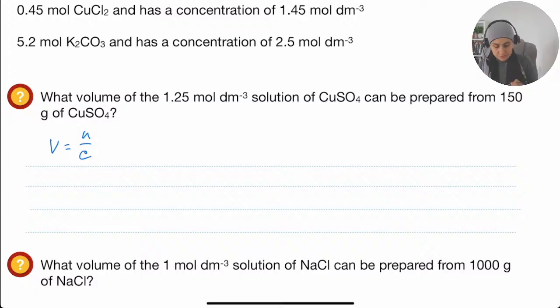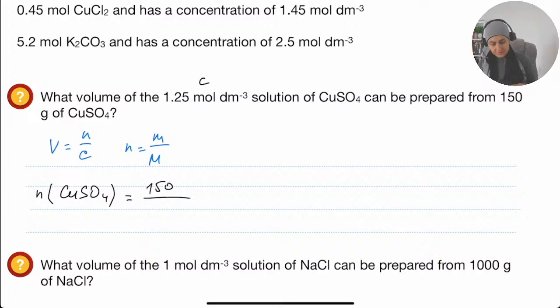To find moles, we can use the formula that moles equals mass over molar mass. So I will find the moles of copper sulfate first. Finding moles, that's 150 divided by the molar mass of CuSO4.